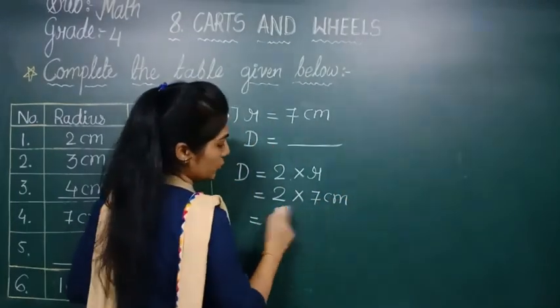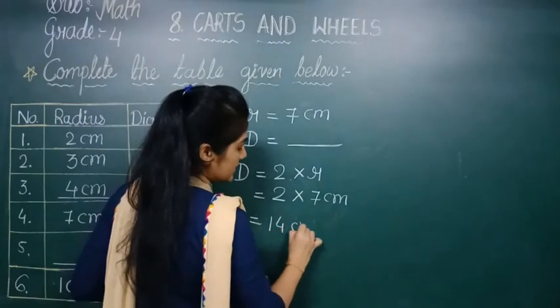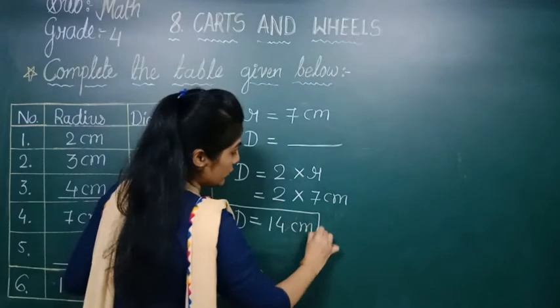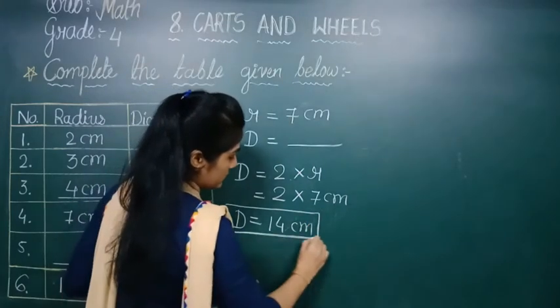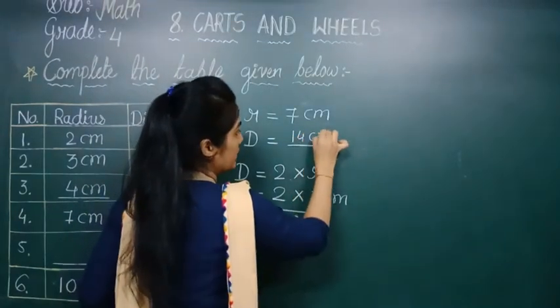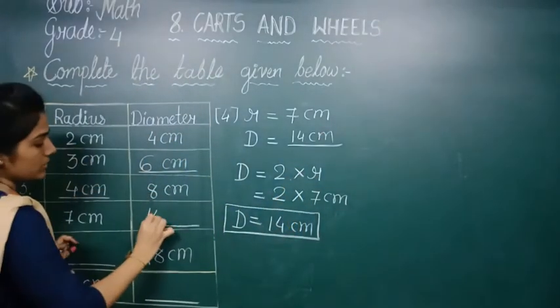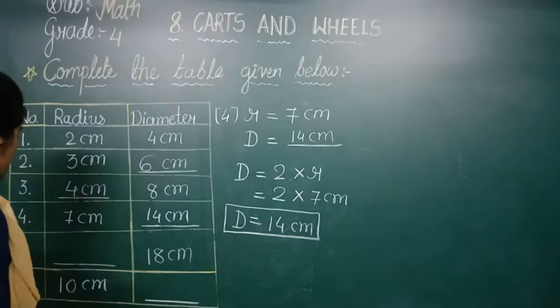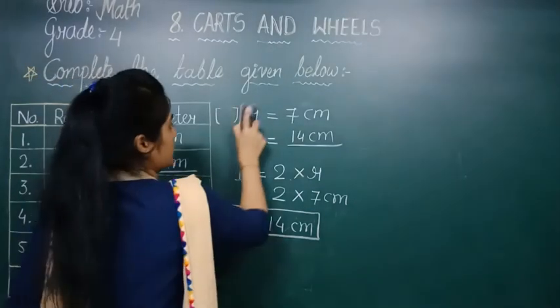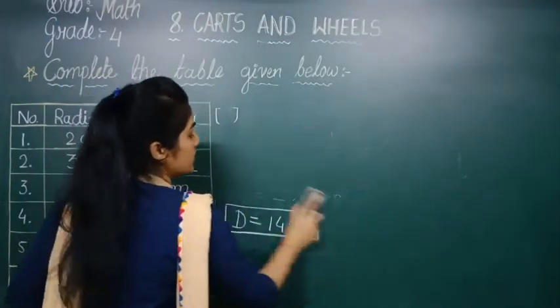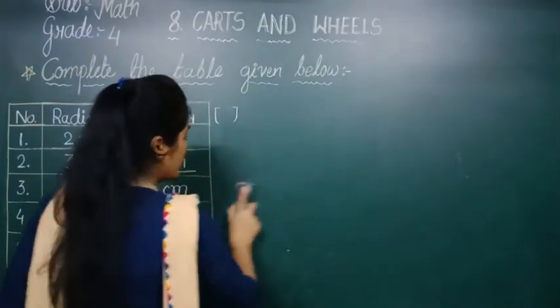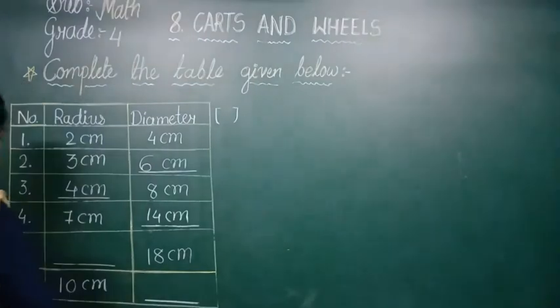So 2 sevens are 14 centimeter. Backside this unit should be written. So 14 centimeter is our answer. Understood? Number 5. See, it is very easy. You have to just follow the formula and put the value into it.